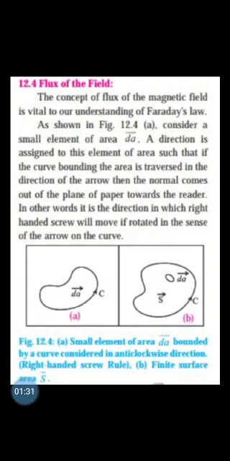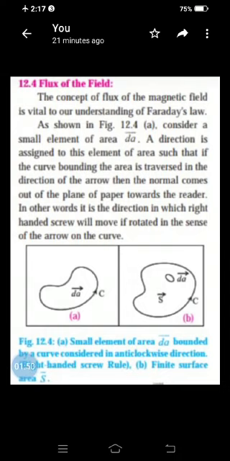In other words, it is the direction in which a right-handed screw will move if rotated in the sense of the arrow on the curve.